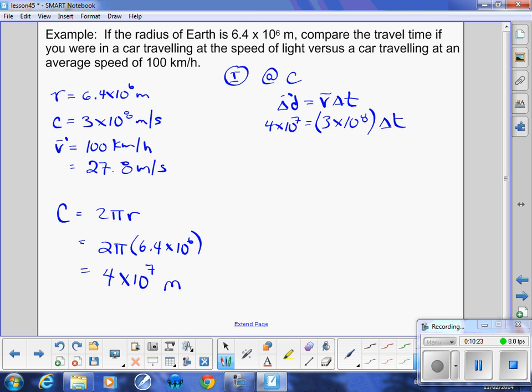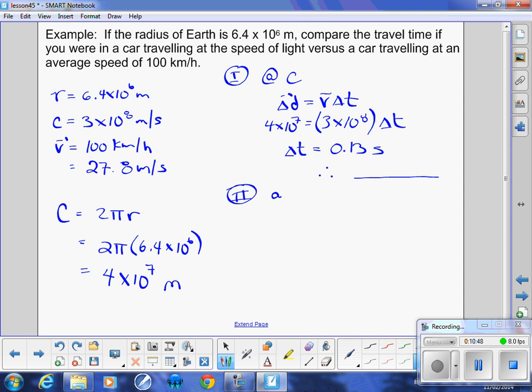When we divide that out, we find that it will take you 0.13 seconds to go around the circumference of the planet. So if you got in that car and you were able to go that fast, which would be really neat, you wouldn't have to worry about getting speeding tickets. No one would catch you. Steering, another problem. If you got a car that goes that fast, that's the least of your worries probably.